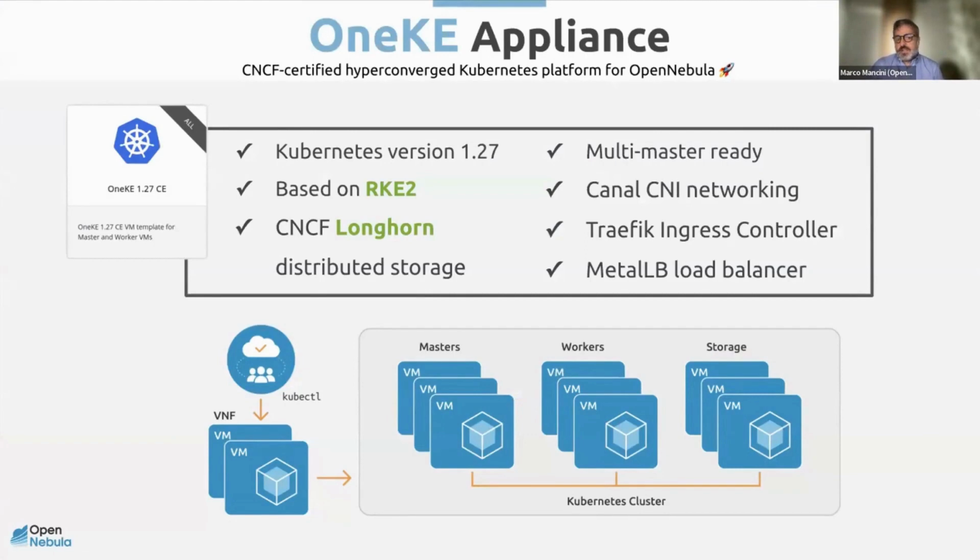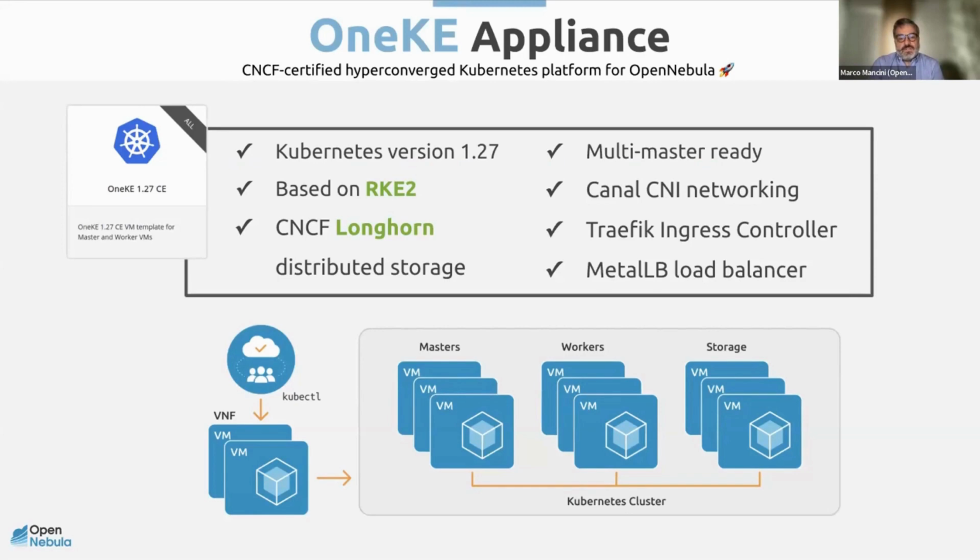This is a minimal hyper-converged Kubernetes platform that comes with OpenNebula, so you can find it in the OpenNebula public marketplace, and is based on RKE2, the Rancher next generation Kubernetes distribution that will be explained later by Andres, and is integrated with other pre-installed components because you can manage volume persistence with Longhorn. And also ingress traffic.